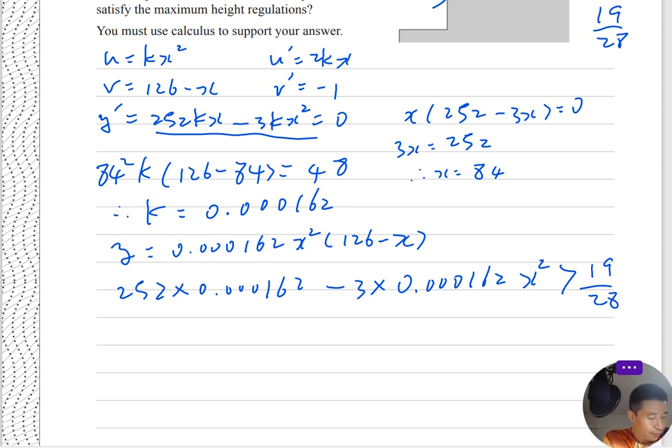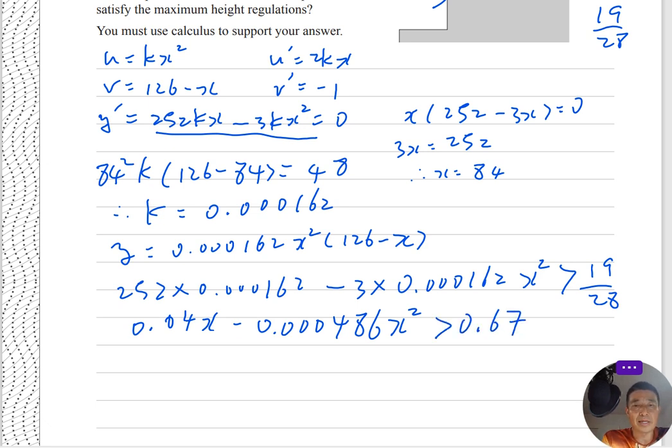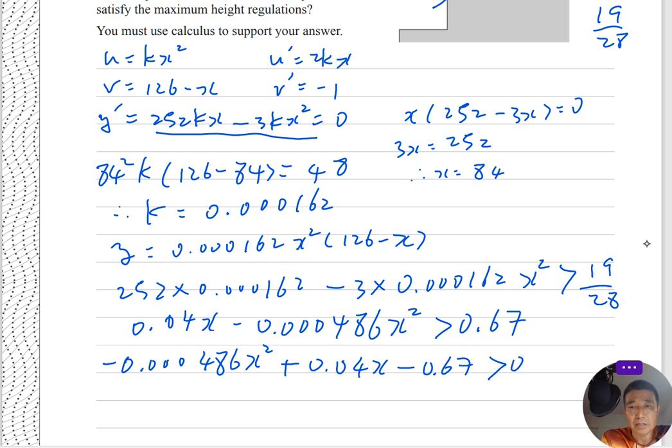So if I simplify this, I get 0.4x minus 0.00486x squared is greater than 0.6786. I used a graphics calculator to solve this. So if I write it again, minus 0.00486x squared plus 0.4x minus 0.68 should be greater than 0.